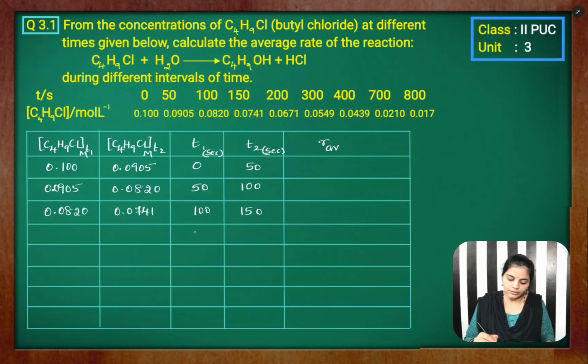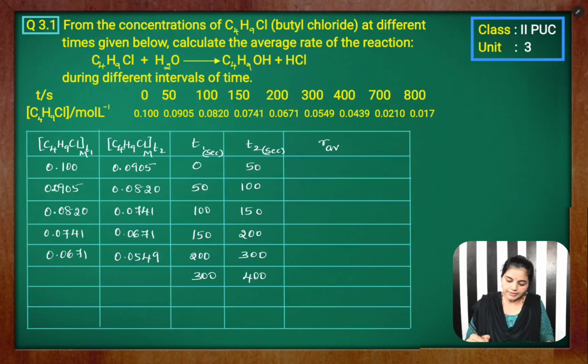Next, the time interval is 150 seconds and 200 seconds, with corresponding concentrations 0.0741 and 0.0671. The next time interval is 200 seconds and 300 seconds. Corresponding concentrations are 0.0671 and 0.0549.